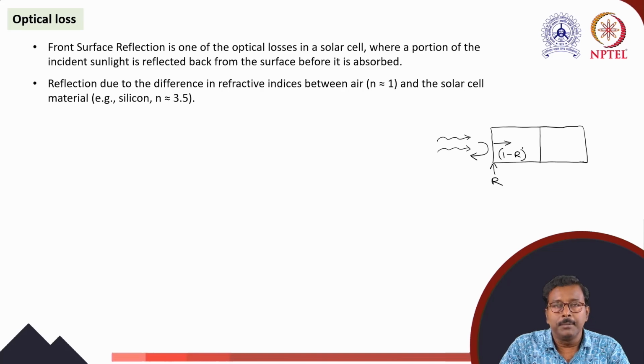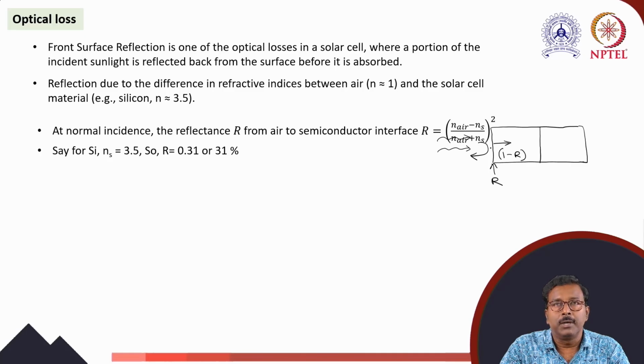For silicon semiconductor based devices, the refractive index of silicon is 3.5 and for air it is 1. So due to this mismatch between refractive indices, there will be reflection from the front surface.